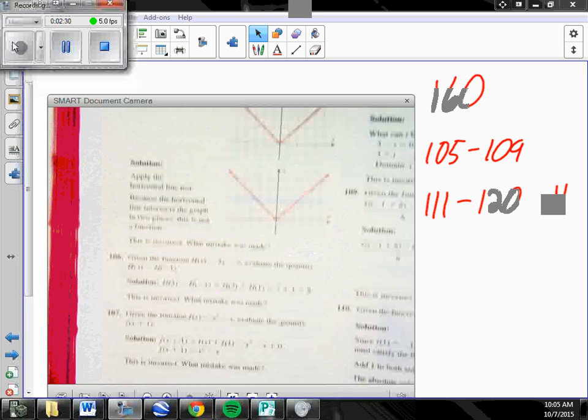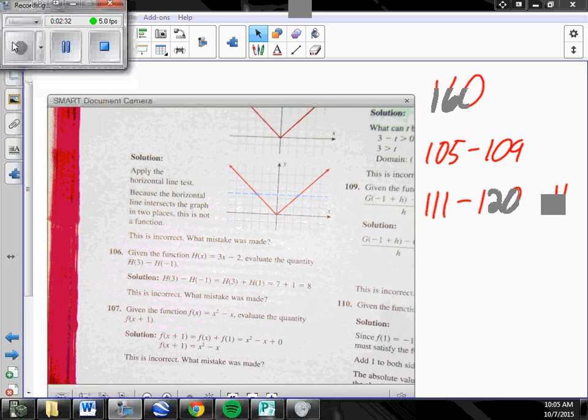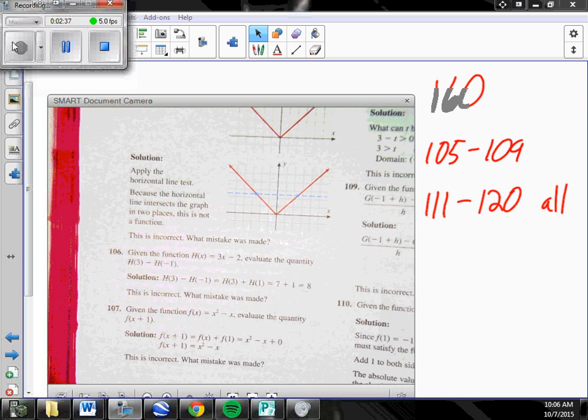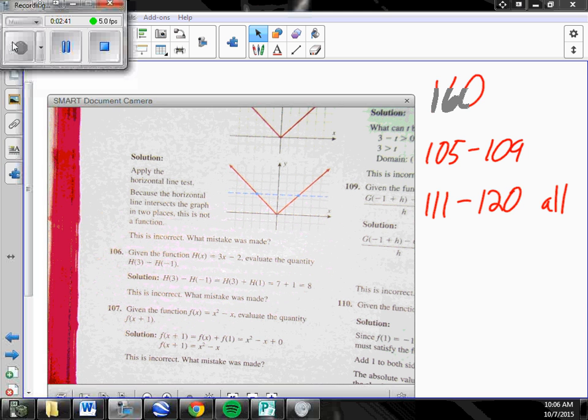Okay, 106, what's the problem? You can't distribute a negative into a function. Why not? Are there cases where you can distribute a negative into a function? Yes. Are there cases where you can't?